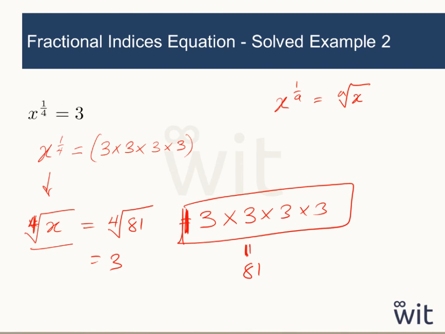So now that we have the structure the same, that means x is equal to 81. I hope that was very clear. Now we'll give you an opportunity to answer your own question. Thank you very much.